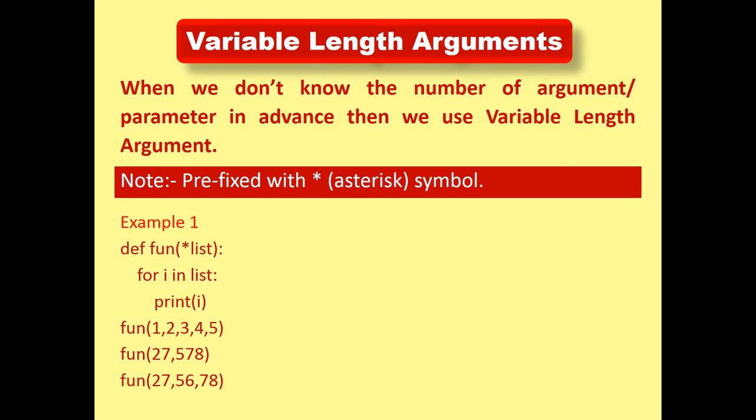If we talk about the output, my dear respected students, it shows 1, 2, 3, 4, 5. After that, there is 27 and 578. And at last, it also displays 27, 56 and 78.